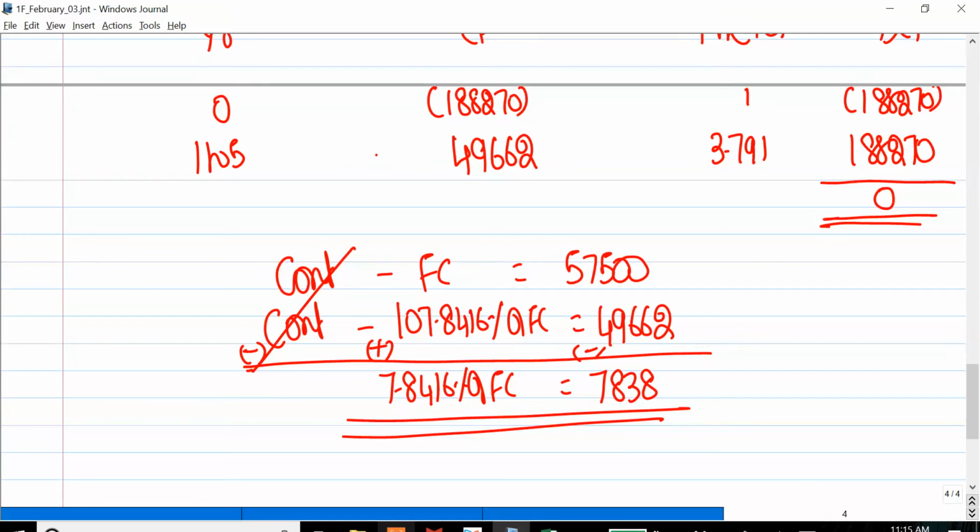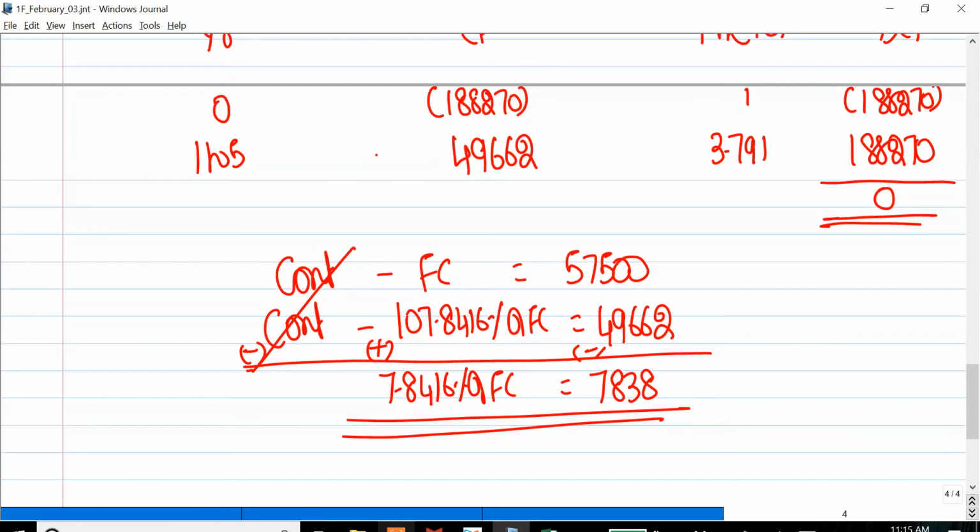Now write point number 1. The annual cash flow has to fall from 57,500 to 49,662 for a 0 NPV. Full stop.